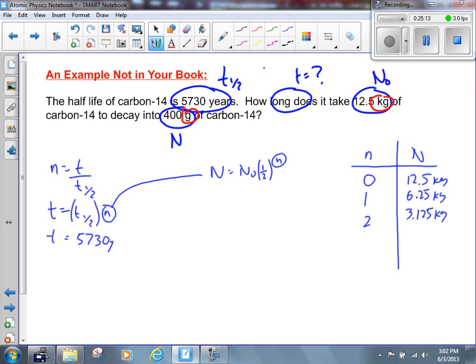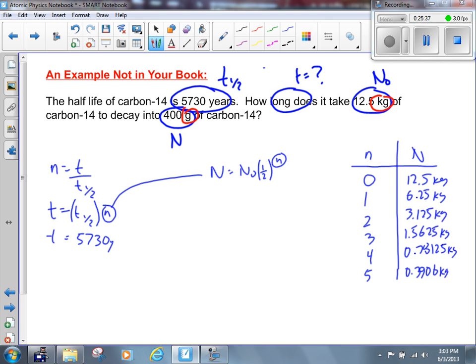After 3 half-lives, we have 1.5625 kilograms. After 4 half-lives, we have 0.78125 kilograms. And finally, after 5 half-lives, we have 0.3906 kilograms.